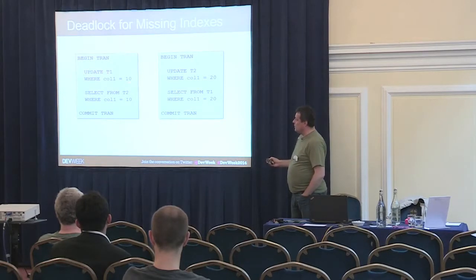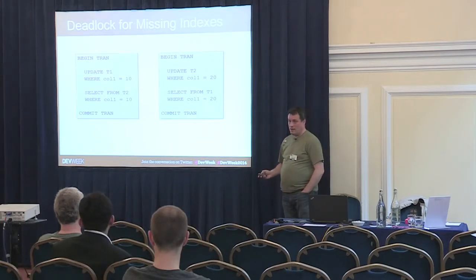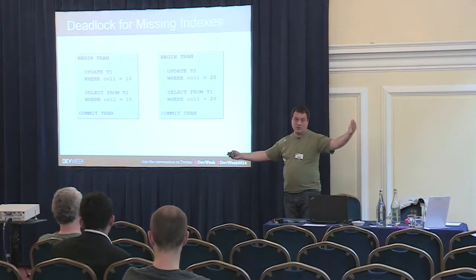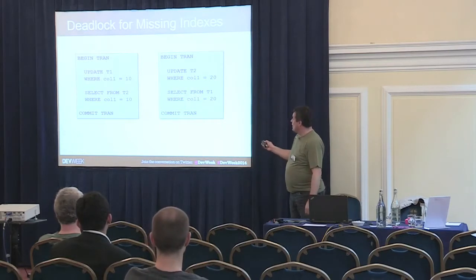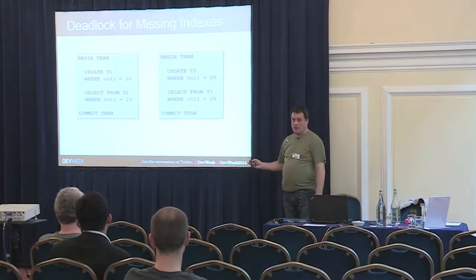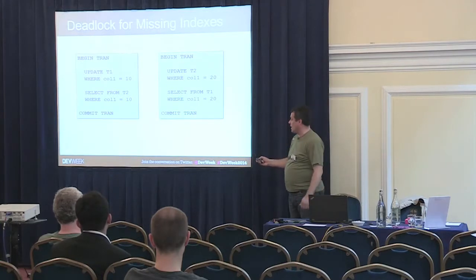Let's say this is a unique index on column 1, so I'm updating this row. However, because I don't have an index, I have to put an exclusive lock on a higher level. And I'm updating table 2, which is also not supported by an index, so again, I'm leaving an exclusive lock on a higher level.